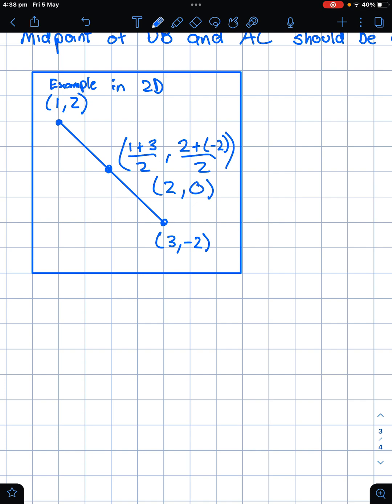I should get 2 and 0 here, and you would find that that's perfectly correct. My drawing is clearly not to scale, but 1 to 3 would go across in the x direction by 2, and then this would go down by 2, and you would get to that point.